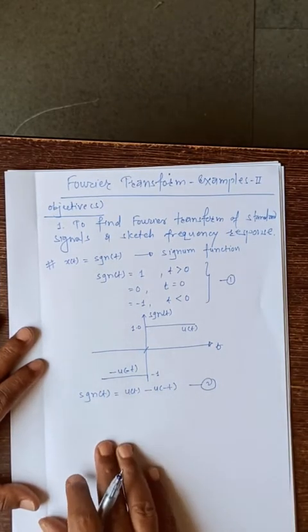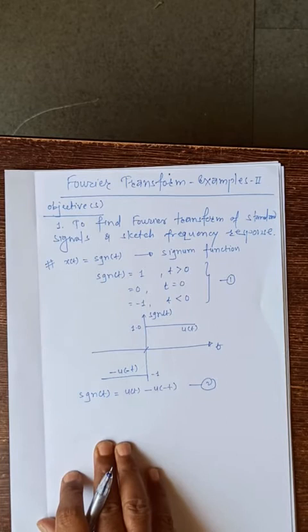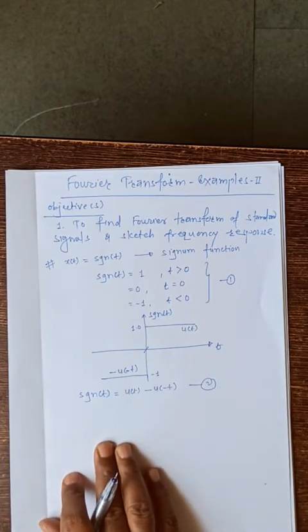Now the signal u(t) is not absolutely integrable. When you take the integration, it is not giving you a finite value.